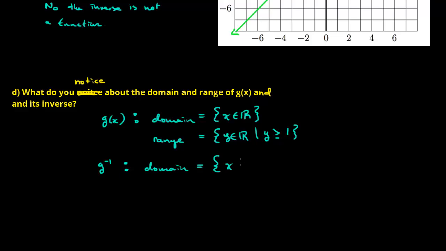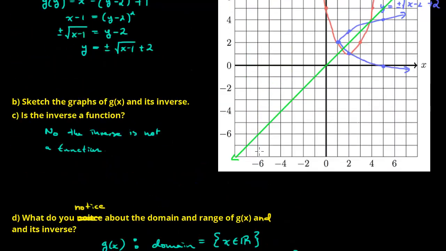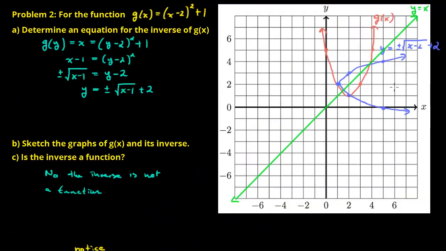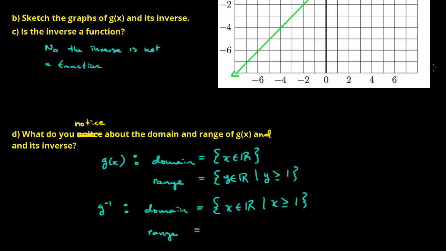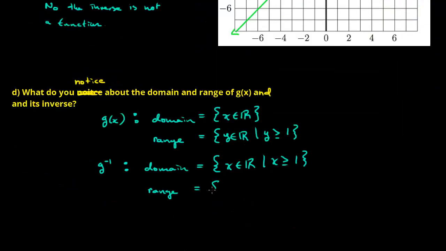So it's the set of x in the real numbers such that x is greater than or equal to positive 1. The range, if you look at the graph, is just the set of y in the real numbers.